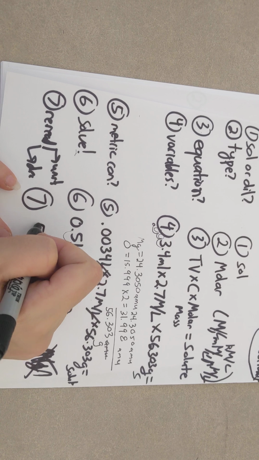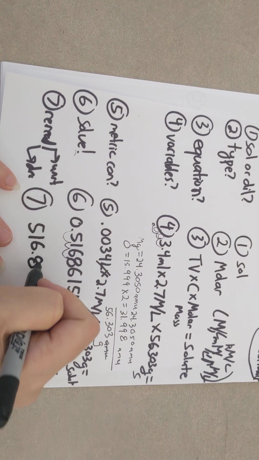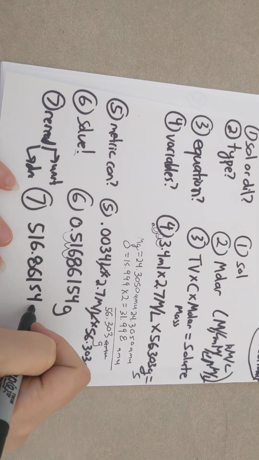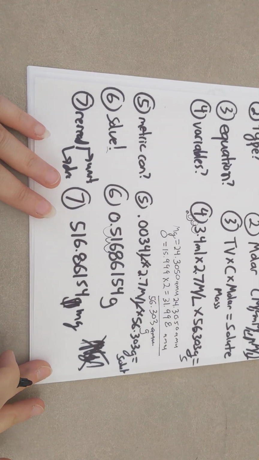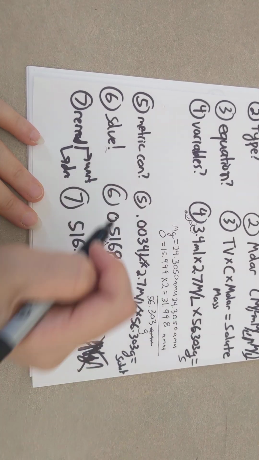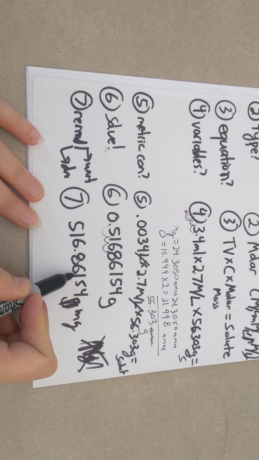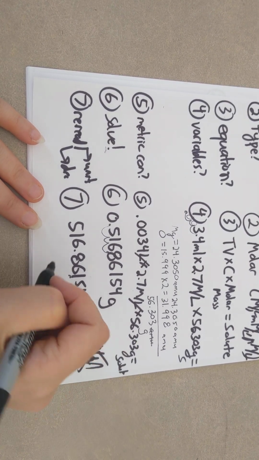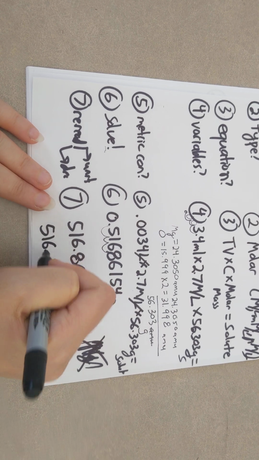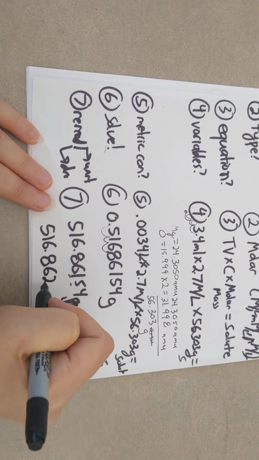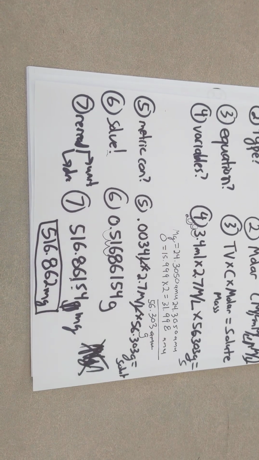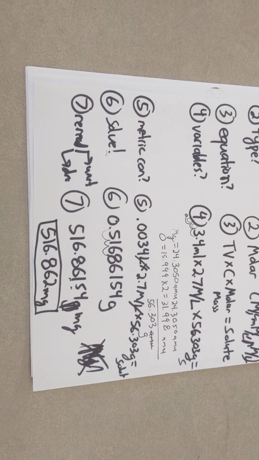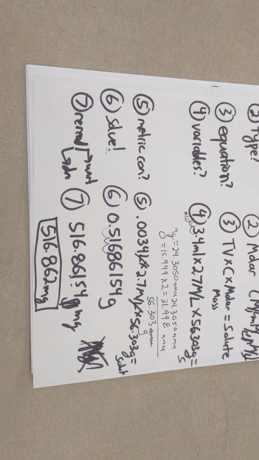Which gives me the answer. Whoops. Milligrams, because I've converted it. And they want it to 3 decimals. So that's 1, 2, 3. I look at the number behind the 3, which is a 5. So I see I round up. So my final answer is 516.862 milligrams. And that is how you solve a molar solution.